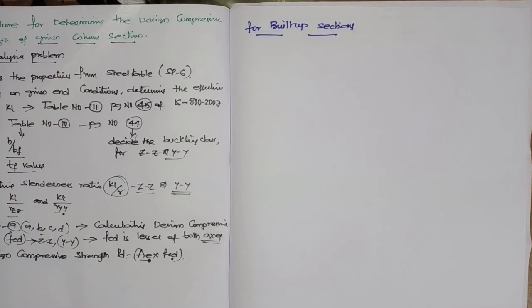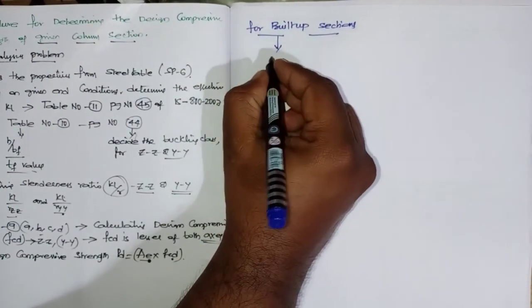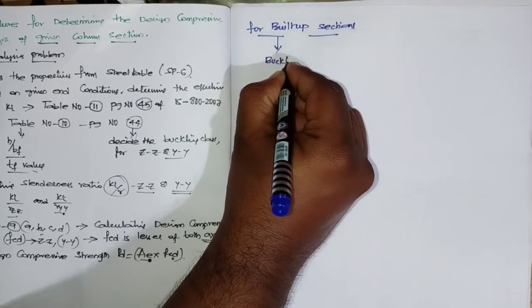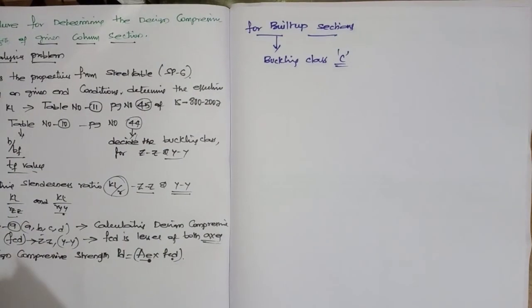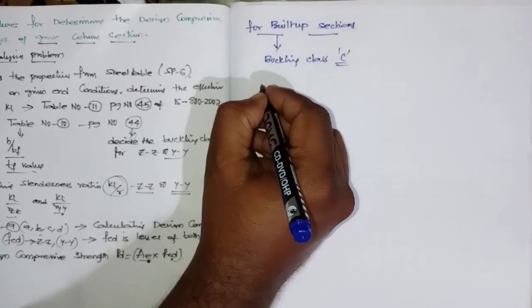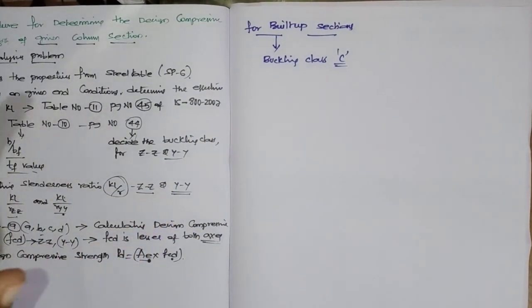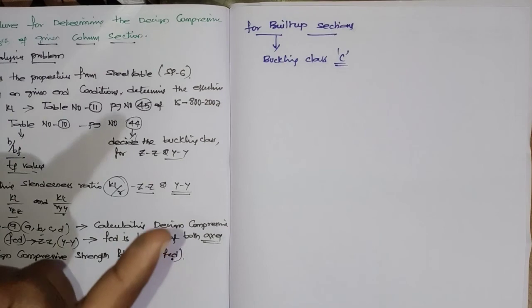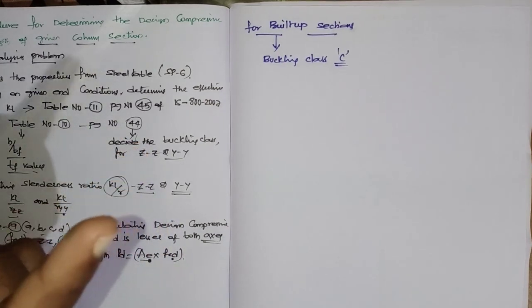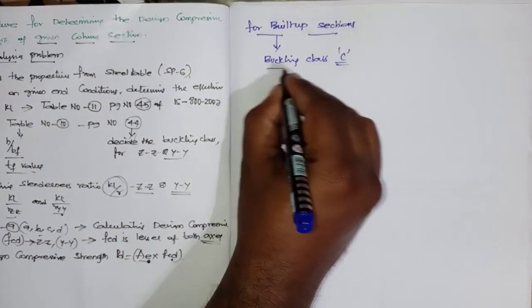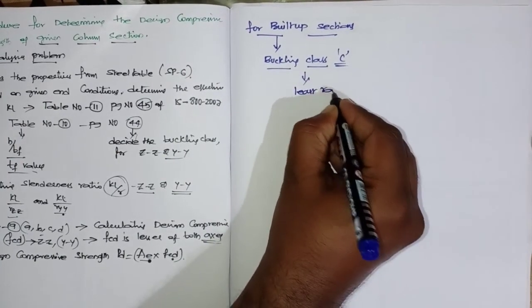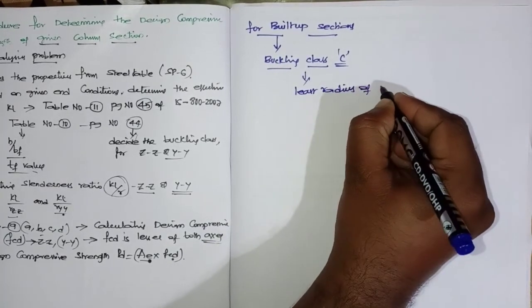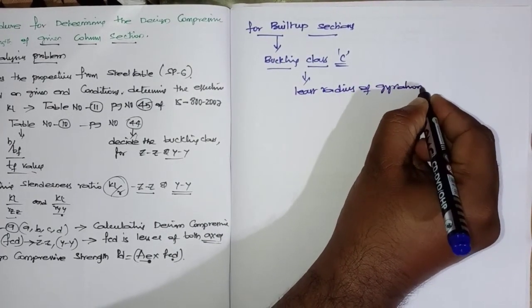Any built up section will have only one buckling class, that is buckling class C always. While calculating the slenderness ratio, effective length by least radius of gyration, as I said, since we are getting only one buckling class, you have to take the least radius of gyration.